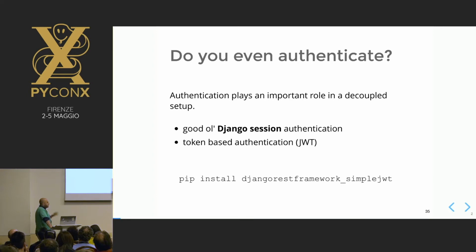One of these, of course, if your JavaScript front end is in the same context of the Django template, you can just use the built-in authentication. So you authenticate your user with the built-in authentication system, and you make the HTTP request to the API. Of course, if your front end is fully decoupled, you have to use some sort of token-based authentication.